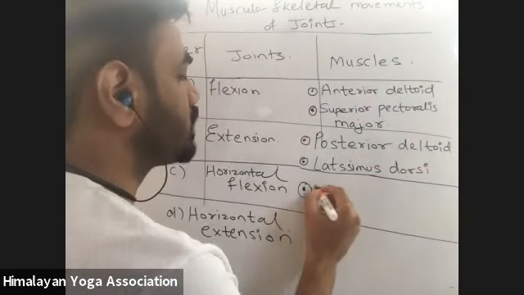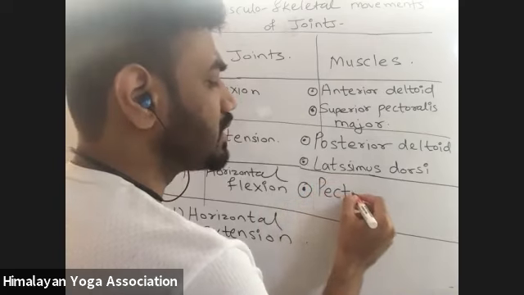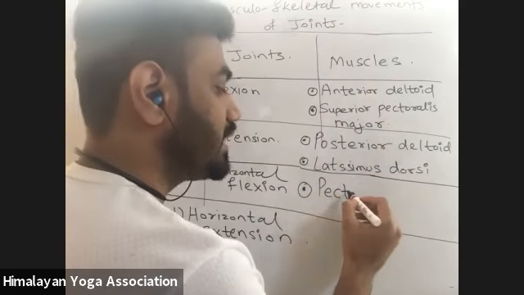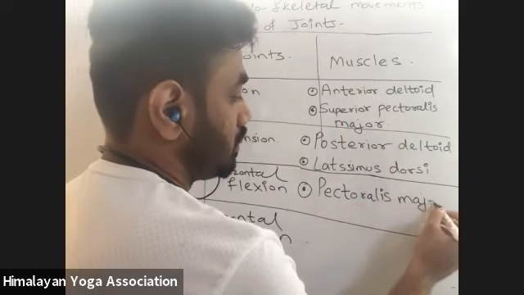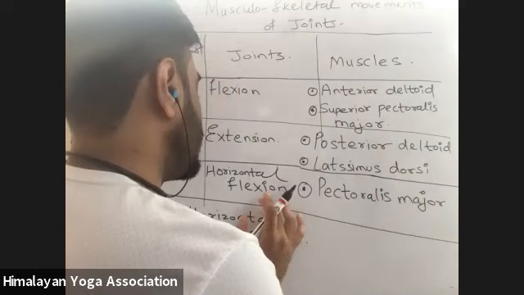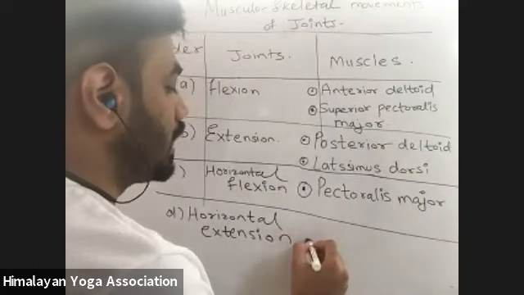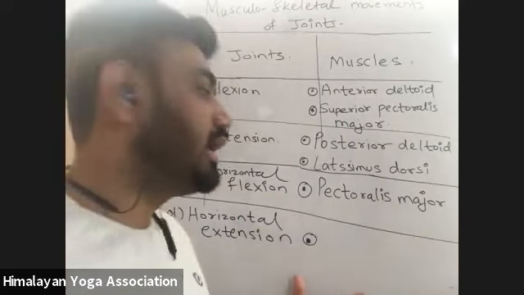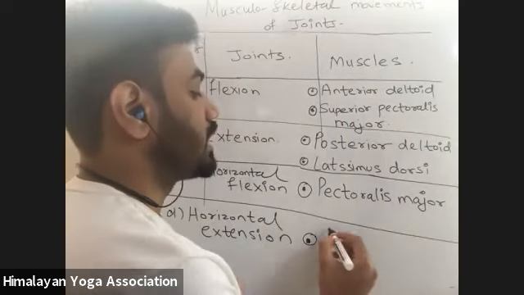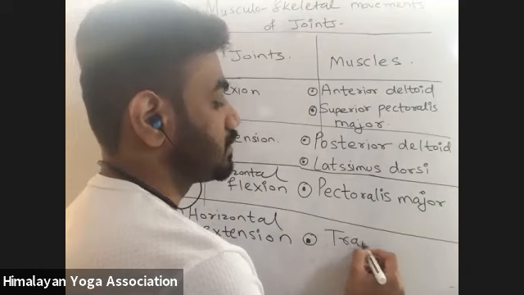Here I will just write the major muscles, not all the muscles. The major is pectoralis, which allows our arm to flex horizontally. And in horizontal extension, the muscle that gets engaged is the trapezius muscle.